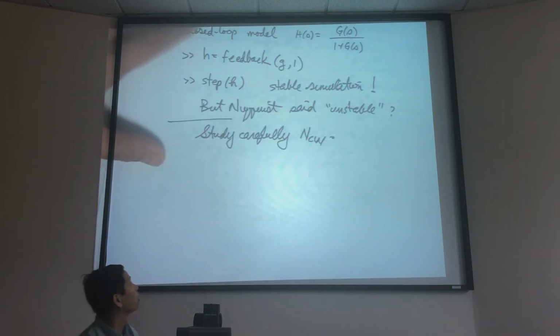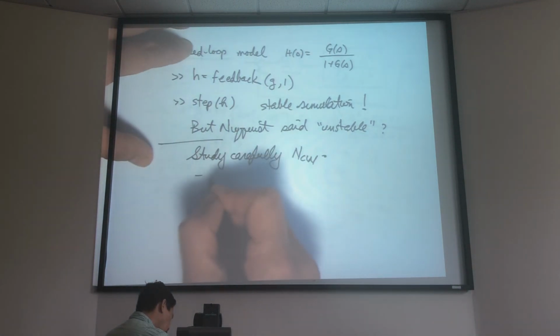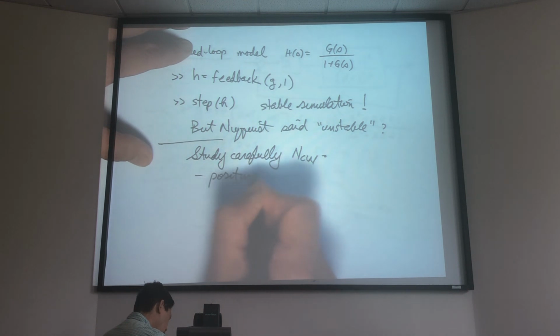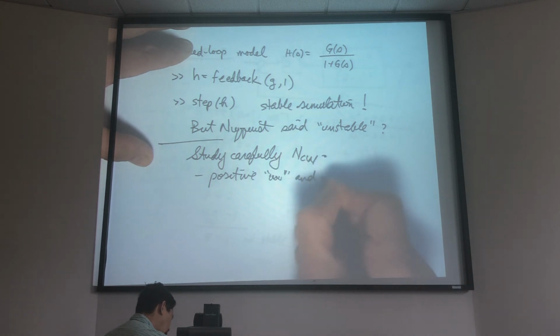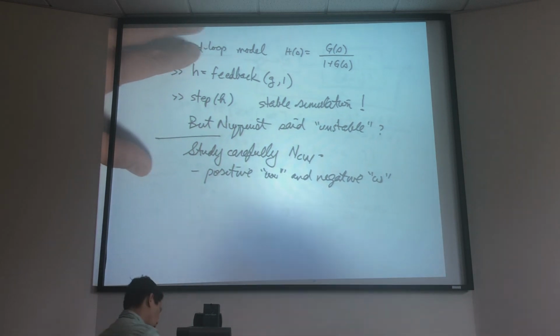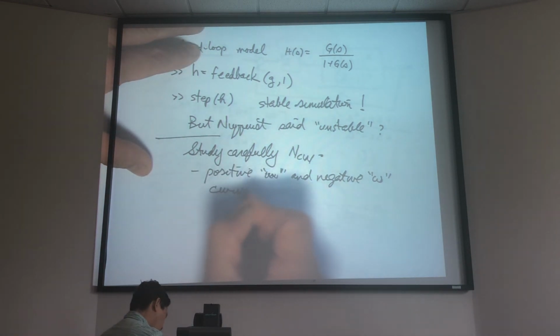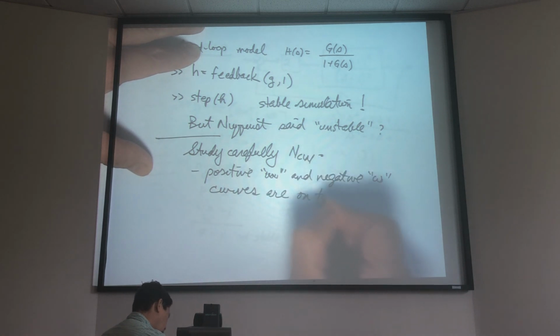Okay, study carefully and clockwise. Okay, review it again. So in this particular case, the positive omega plot and the negative omega plot, these two plots are on top of each other.